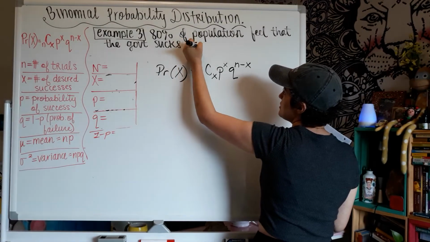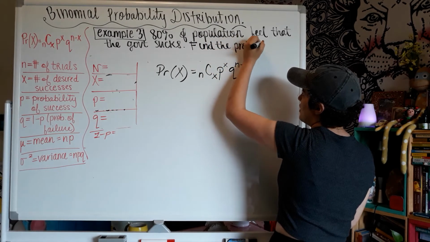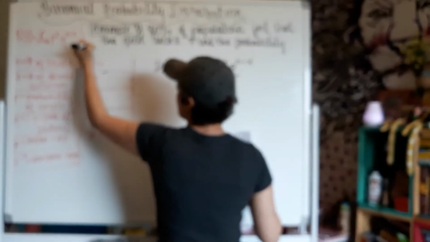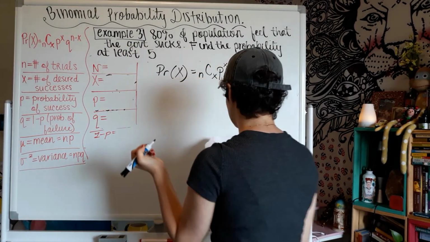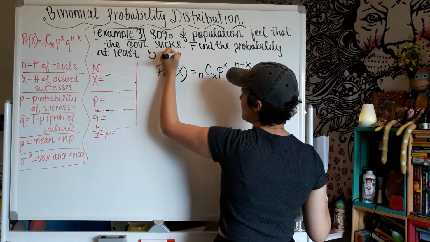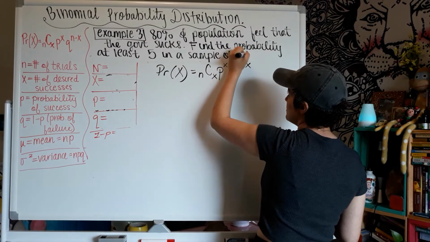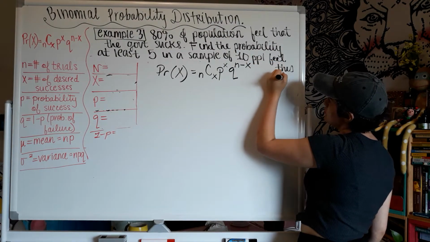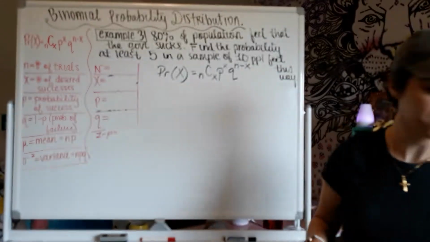Find the probability that at least 5 in a sample of 10 people feel this way.